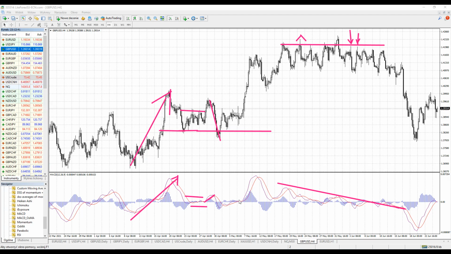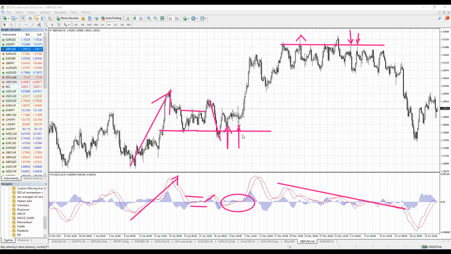And we've seen the MACD, for example, crossing the zero, or histogram holding above the zero line. That was supposed to be the entry over here or over here.